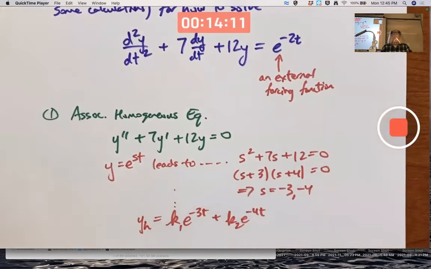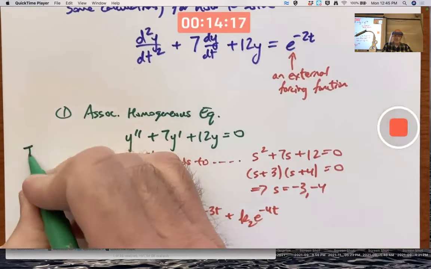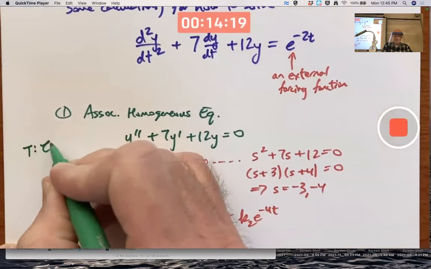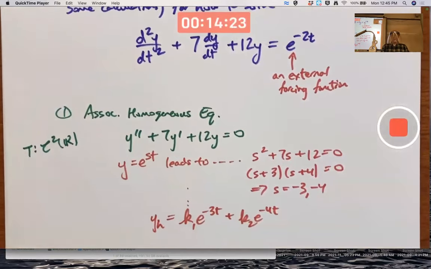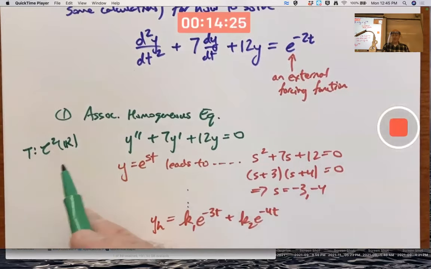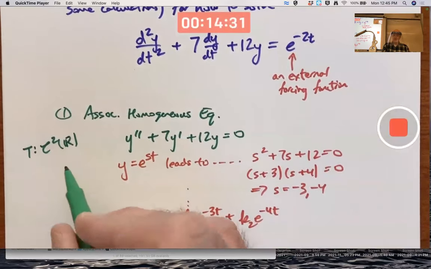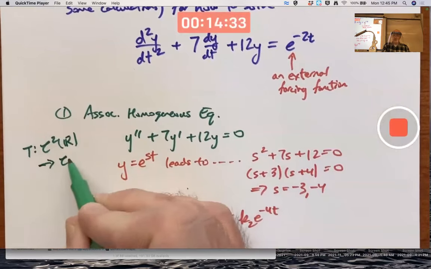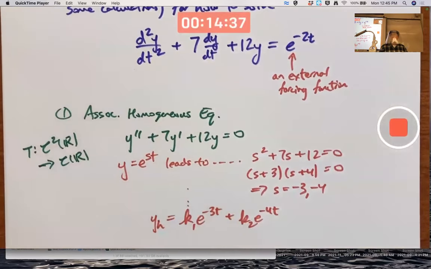What function spaces? Well, it's somewhat of an arbitrary choice, but the choice I usually make is the domain of T being C2(R), meaning twice continuously differentiable functions on the entire real number line. They have first and second derivatives that are all continuous everywhere. And the codomain is C(R), the vector space of all just plain continuous functions on the real line.